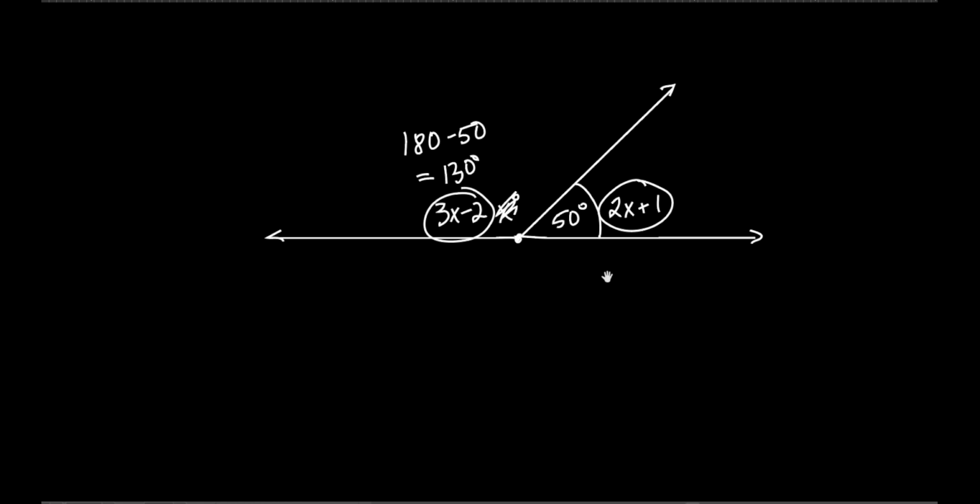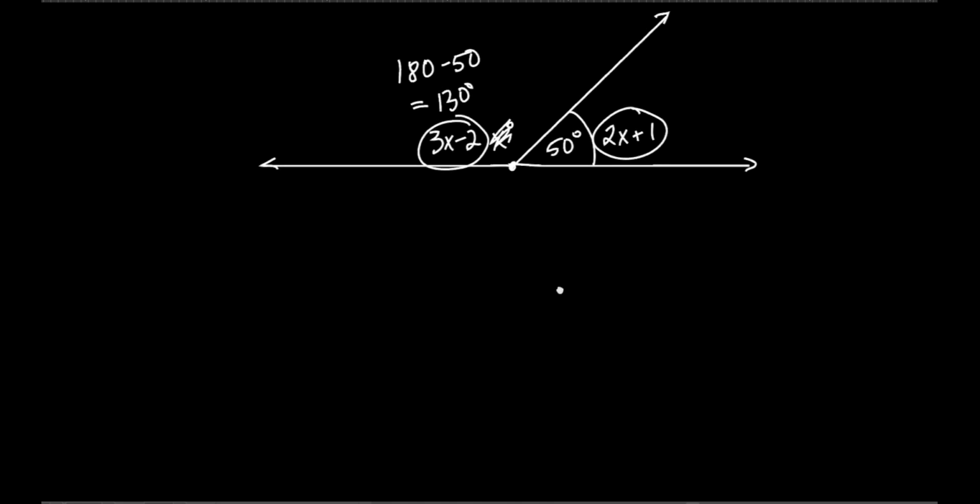You're adding them together, all right? So you would take this angle plus this angle and set it equal to what? 180 degrees. I'm not going to do it because I don't know if this comes out nice or not. It probably doesn't come out real nice, but that's what you would do. I'm sure they'll have a problem like that on homework or something, so you can work on that. All right, but that's what we're going to do with straight angles, so keep that in mind as well.